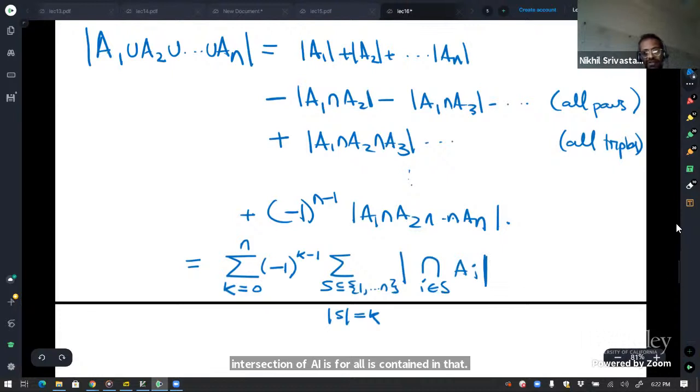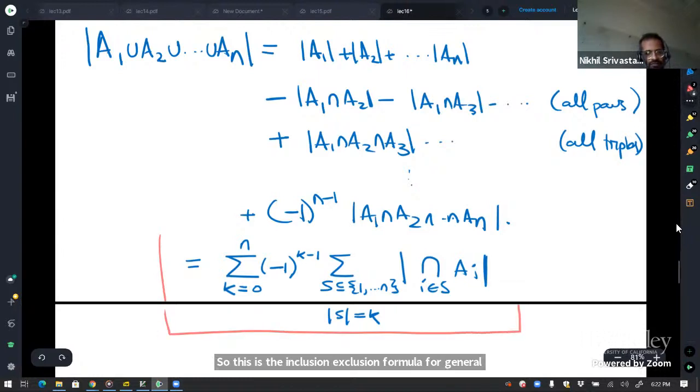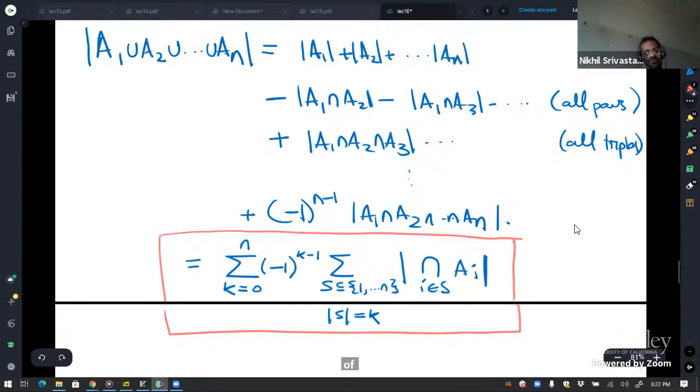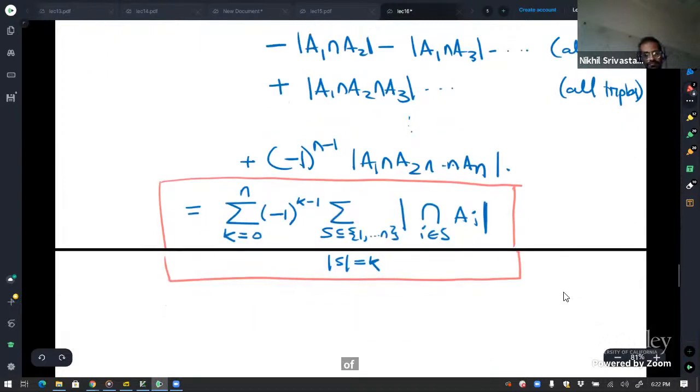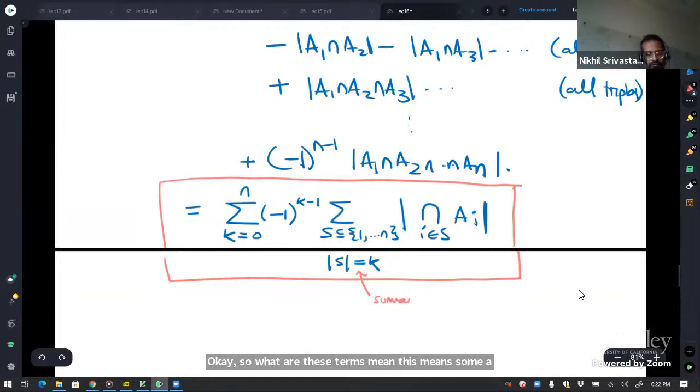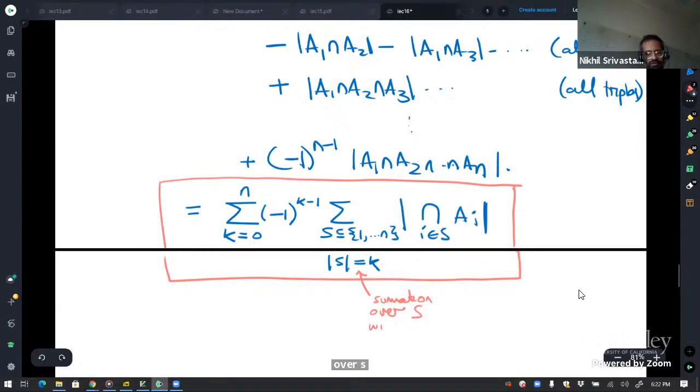So this is the inclusion-exclusion formula for a general union of n sets. Okay, so what do these terms mean? This means summation over S with these properties.